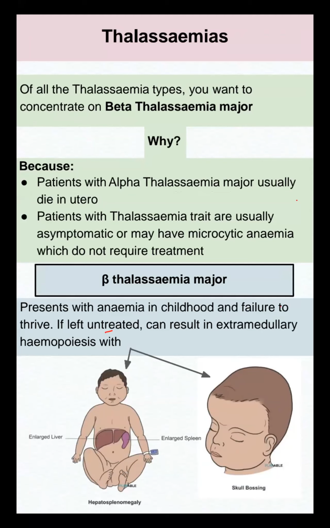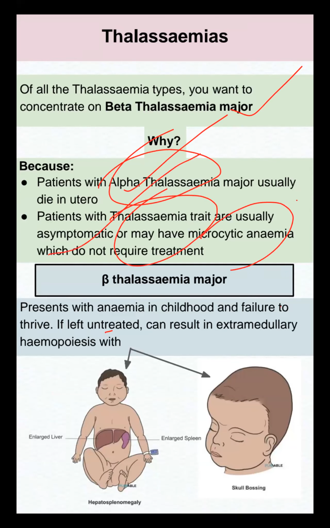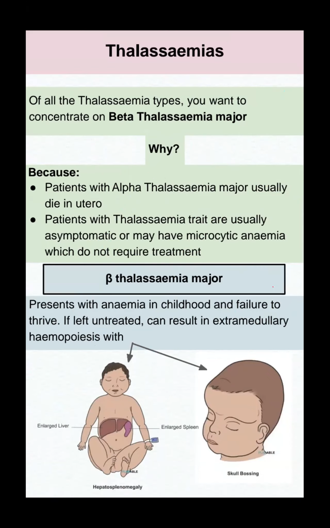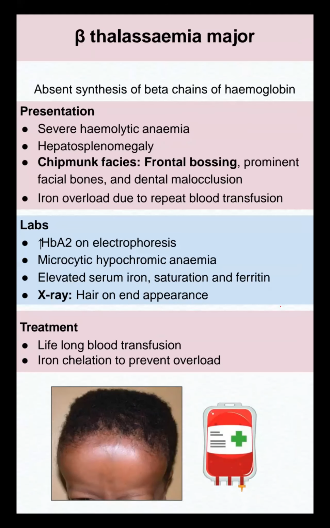Thalassemia, beta thalassemia major and minor. Patients with alpha thalassemia major usually die in utero. Thalassemia trait patients are usually asymptomatic. Major presents with anemia in childhood, failure to thrive, and extramedullary hematopoiesis, due to absent synthesis of the beta chain of hemoglobin.